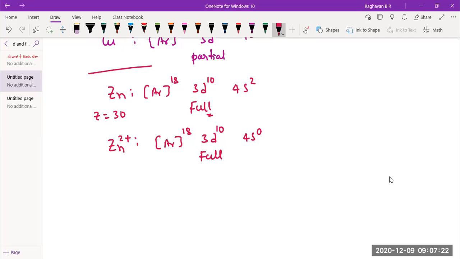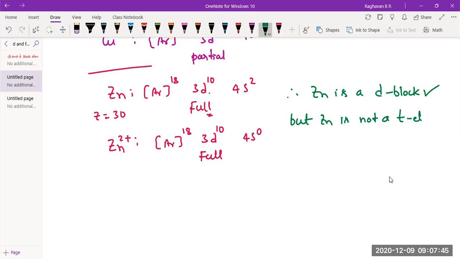So what is the conclusion? Therefore, zinc is a d block element. Why do we say zinc is a d block element? Because the 30th electron goes to the penultimate d orbital. But zinc is not a transition element. Why is it not a transition element?